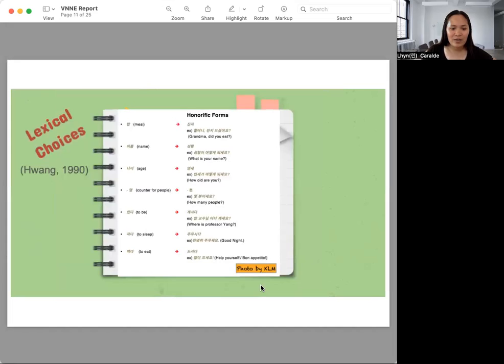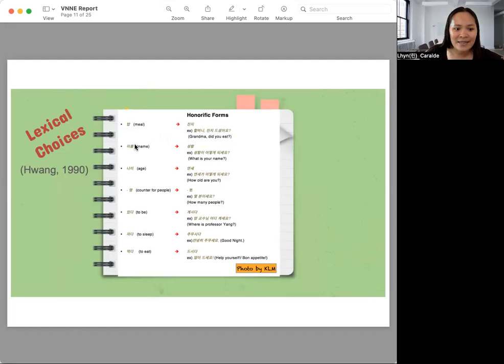Okay, so here is the example of honorific forms in Korean. We have the meal, the pa, and then the example of this, grandma did eat, 할머니 드렸어요.